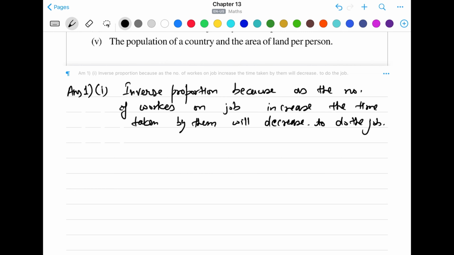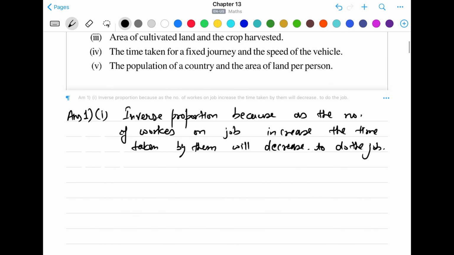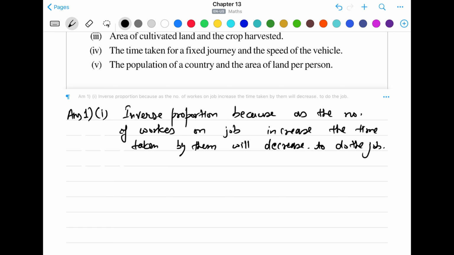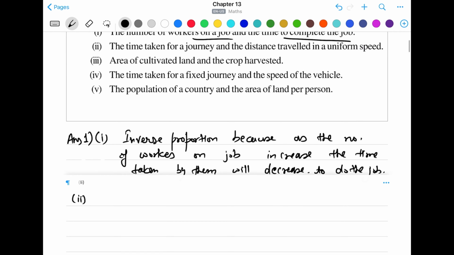So this is the case of inverse proportion. Let's see the second one now.